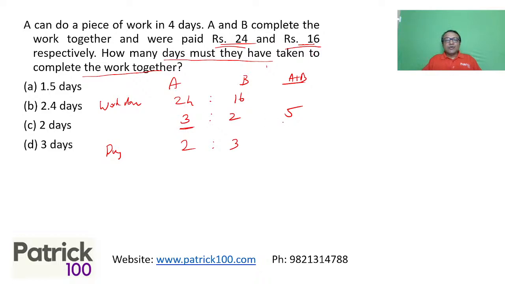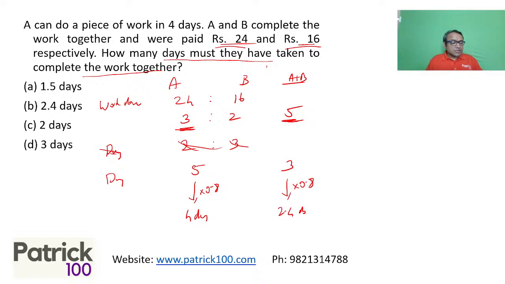Now A is given, and A plus B is what we'll find out. So days taken by A and A plus B is 5 is to 3. 5 stands for 4 days into 0.8. So 3 will stand for 2.4 days into 0.8. That will be the answer.